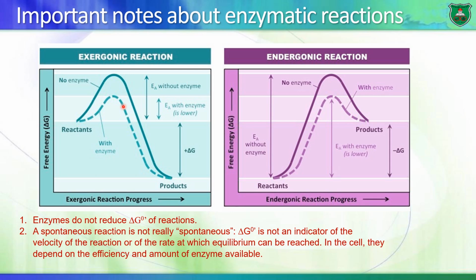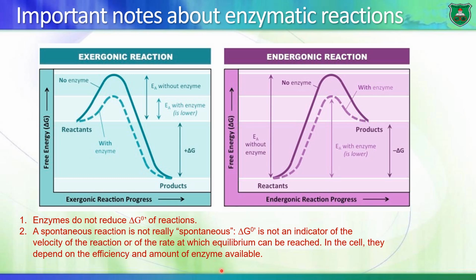So that's one. Now, the other thing that is important to mention is that if I say that a reaction is spontaneous, it doesn't mean that it happens by itself. It just means that delta G naught prime is not really an indicator of the velocity of the reaction, if it is fast or slow. It doesn't tell us about the rate at which equilibrium can be reached.